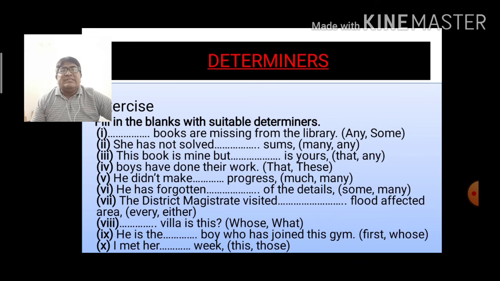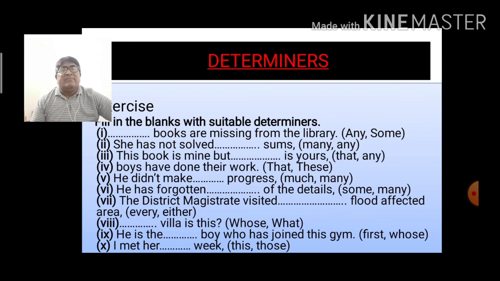Next is: he has forgotten dash of the details. He has forgotten some of the details. So we can use some. The district magistrate visited dash flood affected area. Here the two options are every and either.